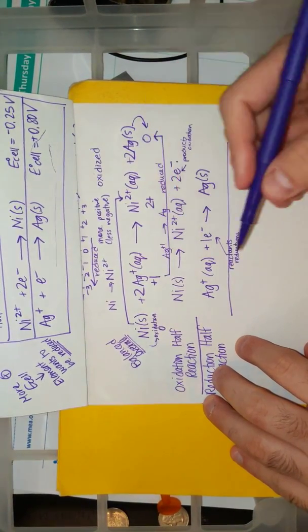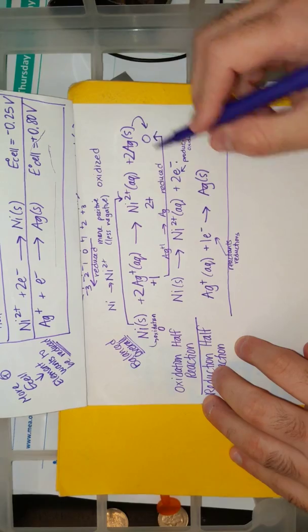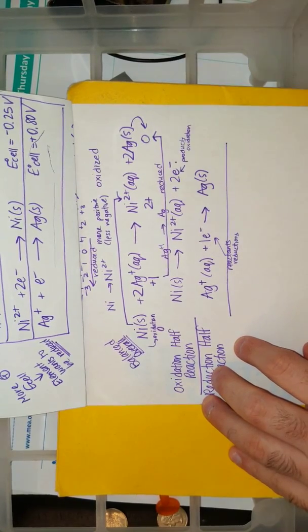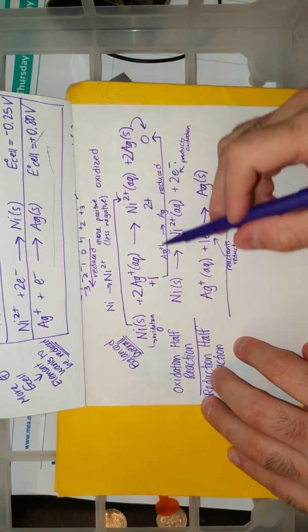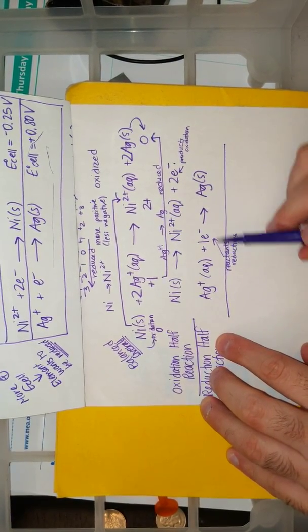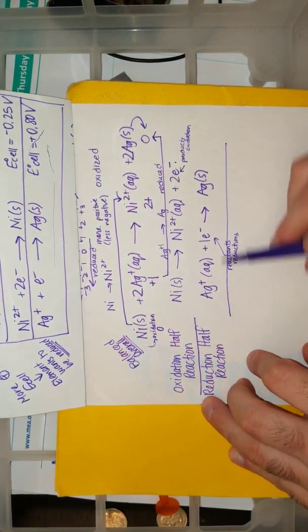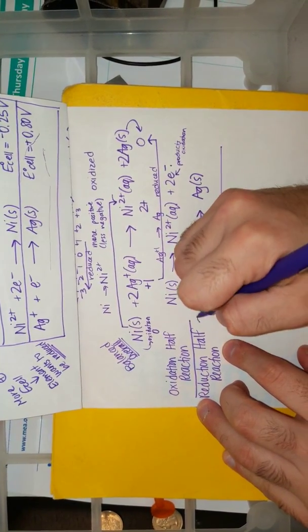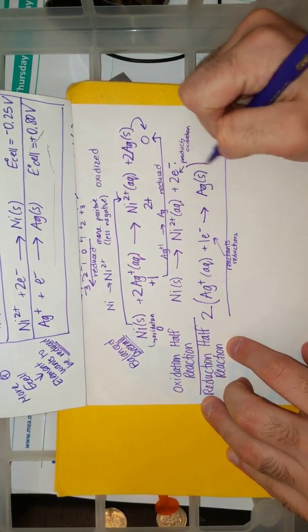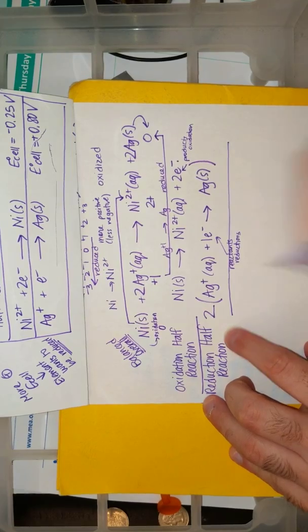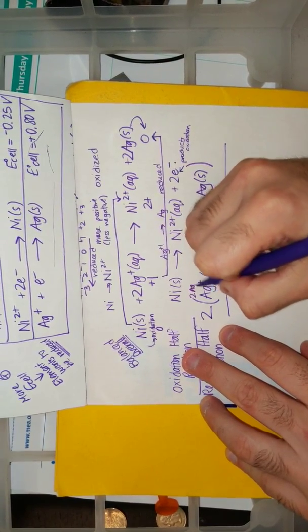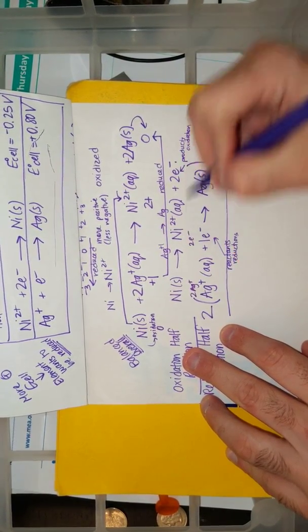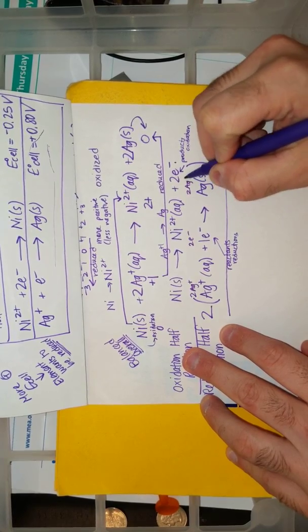In order for that to balance, I need to find a common multiple between 2 and 1, and that is 2. Well, I already have 2 in the top part. In order for me to get 2 electrons in the bottom part, or the reduction half reaction, I multiply this whole thing by 2. So now I have 2 Ag plus, 2 electrons, and 2 Ag solid.